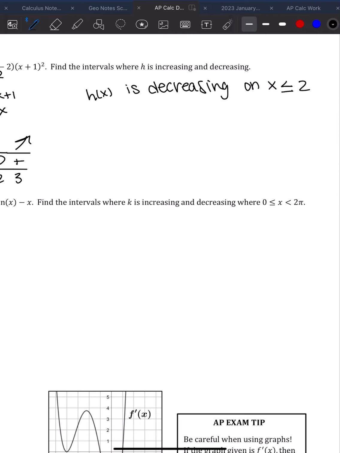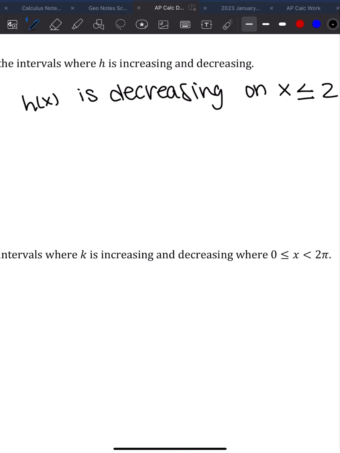If we are answering a free response question, which all of these are technically, a lot of times we need to be a little bit more specific, and so we would say h of x is decreasing on x less than or equal to 2 because h prime of x is less than 0.